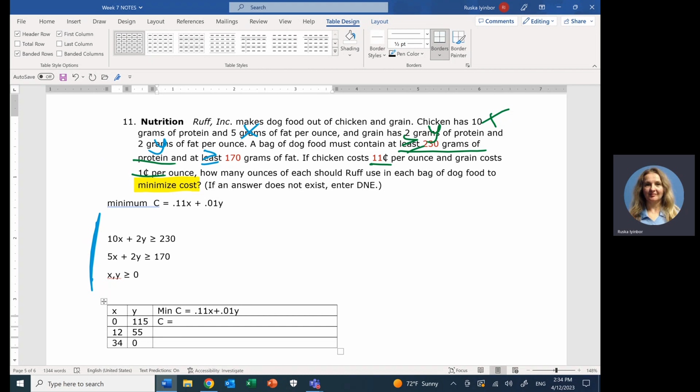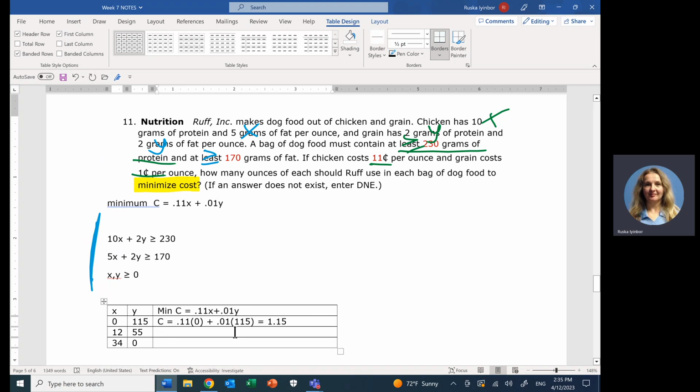When I replace x with 0, it's going to be 0.11 times 0 plus 0.01 times 115. And when I calculate that, we're going to get 1.15.